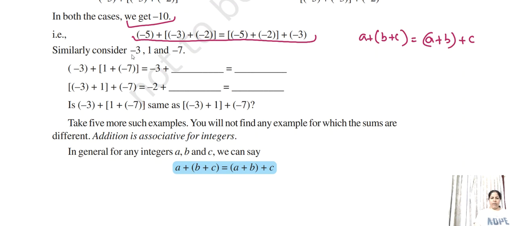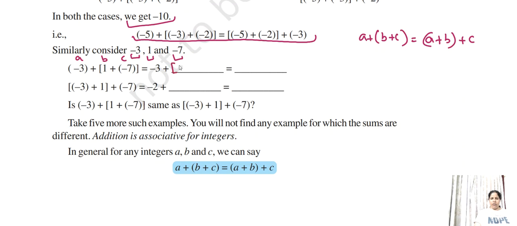Similarly, if I take minus 3, 1 and minus 7 as the integers, then we'll check. Here we'll write minus 3 plus in bracket b plus c. This is a, this is b, this is c. So a plus b plus c equals a plus b plus c.